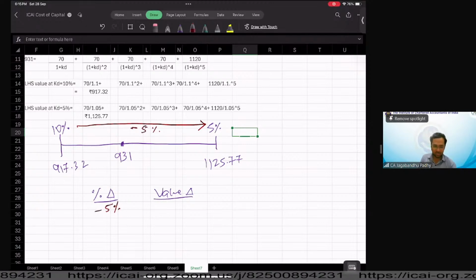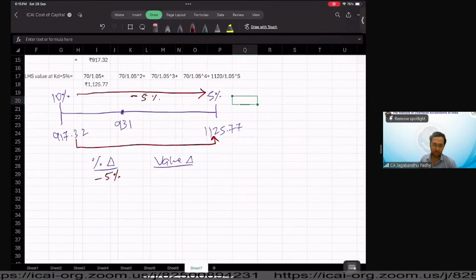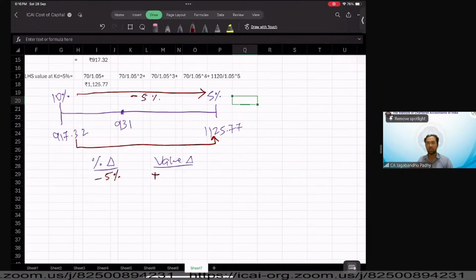What is the change in the value of the debenture for a 5% reduction in the rate? It has increased, right? From 917.32 it has become 1125.77.